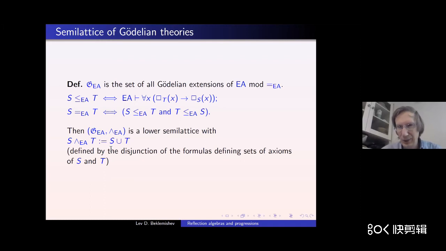In this context, it corresponds to the union of theories S and T, axiomatized in a natural way. So we fix the provability predicate for S union T in a natural way, given those for S and T. That's the basic structure, the semilattice of Gödelian extensions of EA, that we are going to deal with.